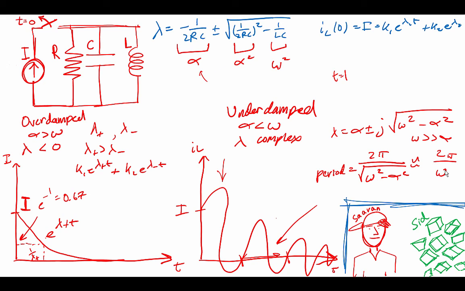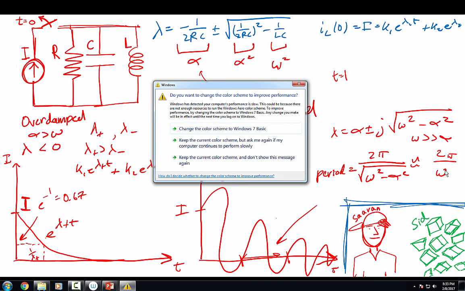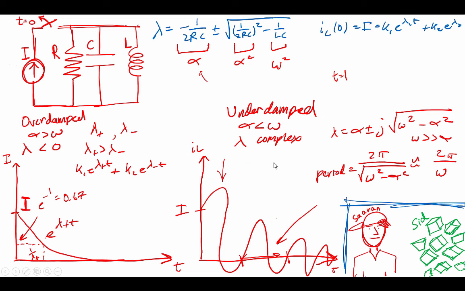Yeah. So if you think about it, if you choose reasonable values, omega will almost always be considerably larger than your alpha value.